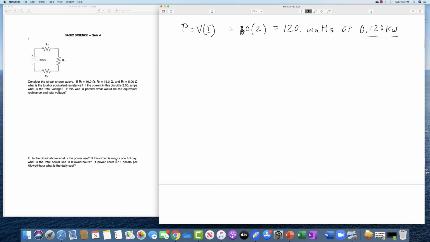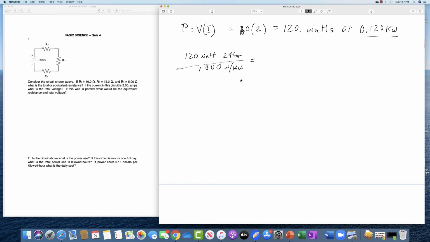And so it says, if the circuit is run for an entire day, what is the total power used in kilowatt hours? Well, you just take the original 120 watts times 24 hours, but then you'd have to divide all that by 1,000 watts in a kilowatt. Or you could just multiply 0.120 by 24.